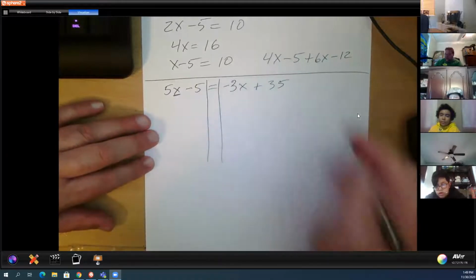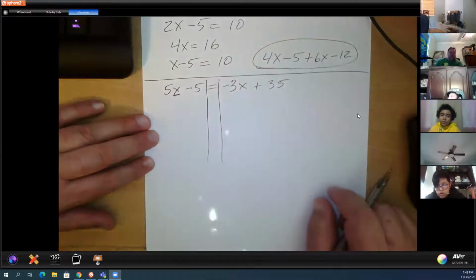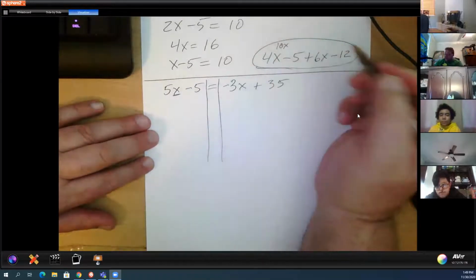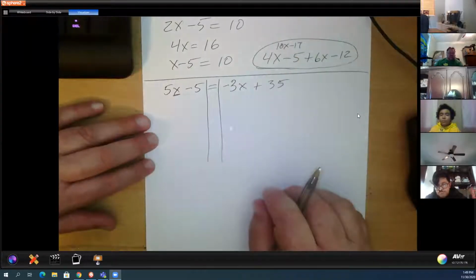Now, before, when we were doing problems that looked like this, there was really no solution. All we could really do was simplify the expression down to 10x minus 17. That's all we could really do on a problem like that.